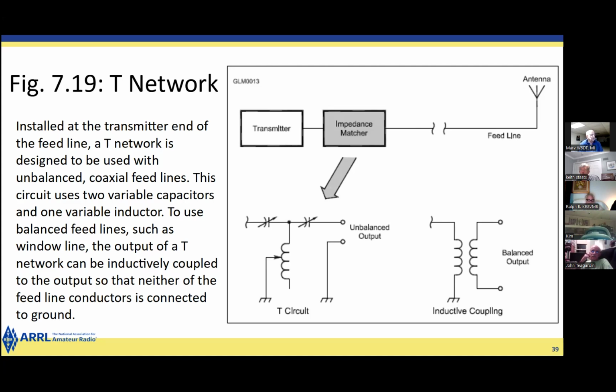This circuit uses 2 variable capacitors and 1 variable inductor. This is a fairly common network. It's been used for forever, actually. The output of the T network can be inductively coupled to the output so that neither of the feed line conductors is connected to ground.